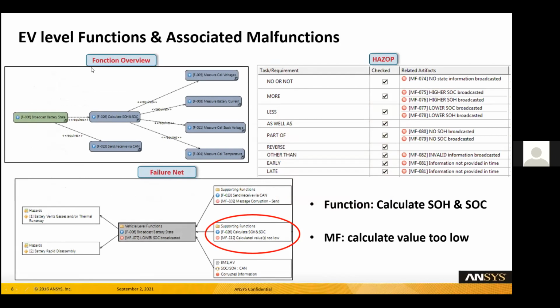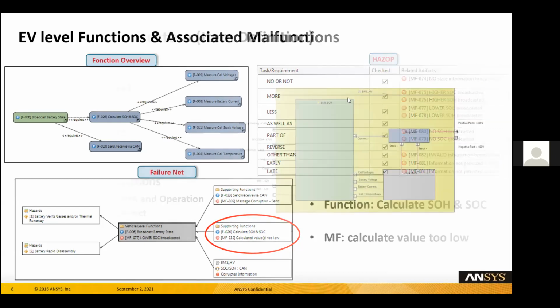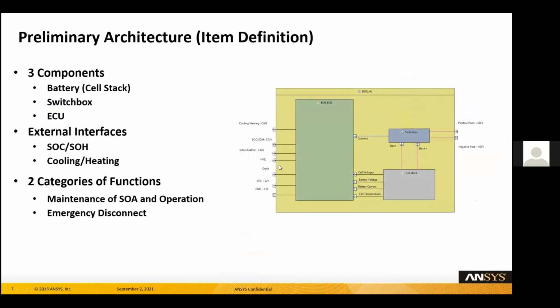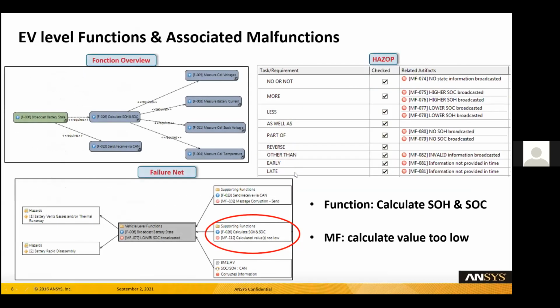Here you can see the function overview. From a battery state, these are the functionalities and the things that can go wrong. At that point you can see statements coming up, like whether the state information is broadcast for each terminal. For each BMS in the system we built, for every state it will show the functionality or the malfunctioning, if it is happening.